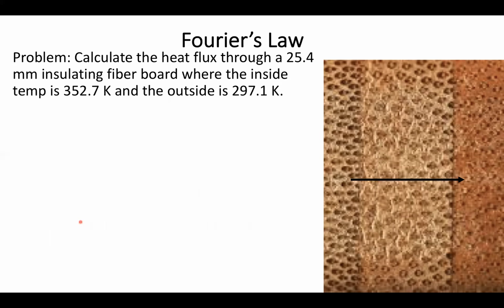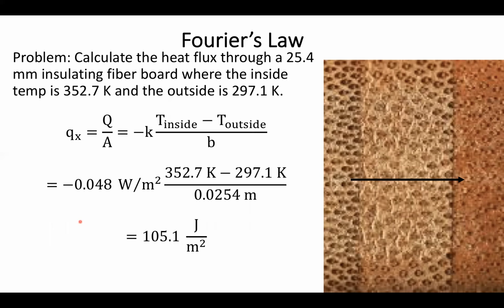In order to solve this problem, I'm just going to put it through Fourier's law. We have our inside, outside, convert our distance into meters, and then we have a coefficient of about 0.048 watts per meter Kelvin. So this is sitting on the more insulating side of a solid material.